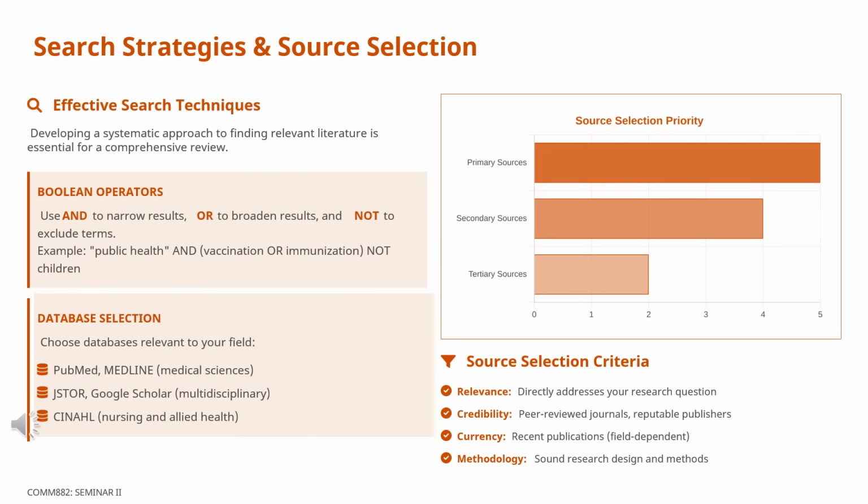That should be at the top. Then followed by maybe cohort studies, case control studies as your secondary sources. And maybe expert opinion can be your tertiary source of information.